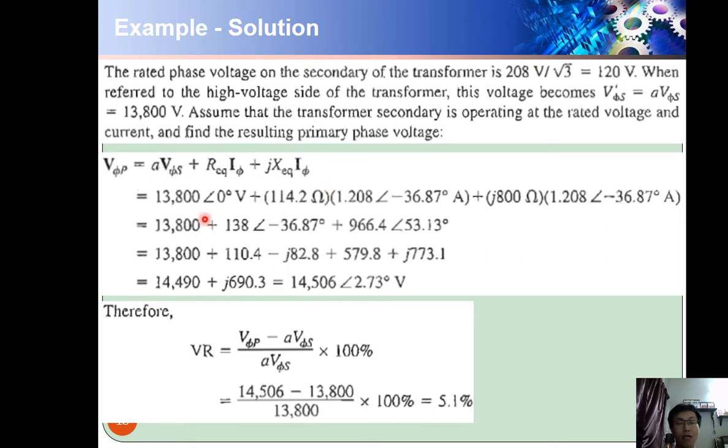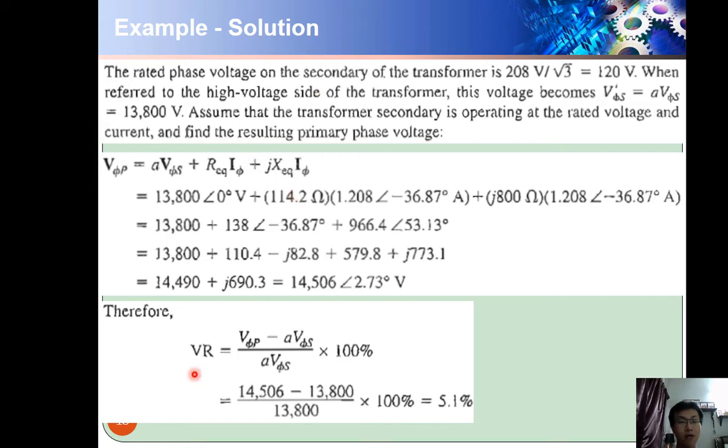So by using the phasor diagram, V phase primary equals a times V phase secondary plus I phase times Z equivalent. And actually this comes from the high side equivalent circuit.